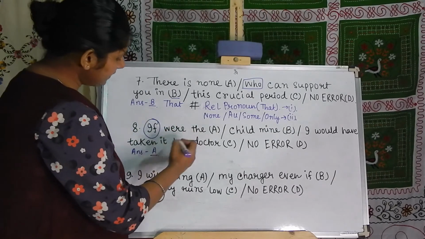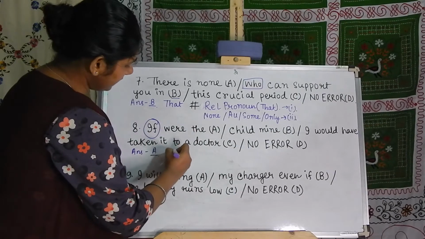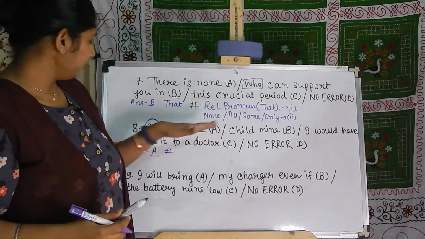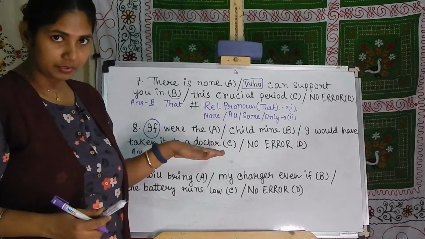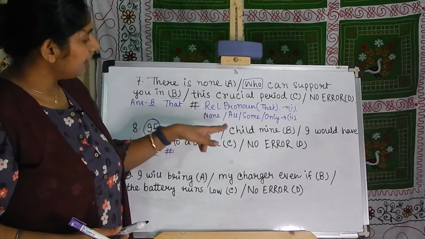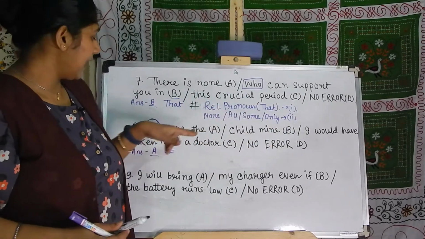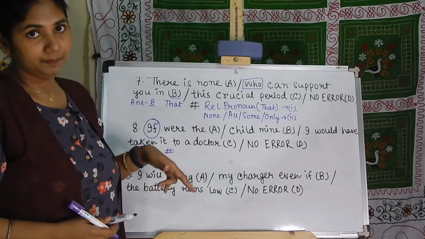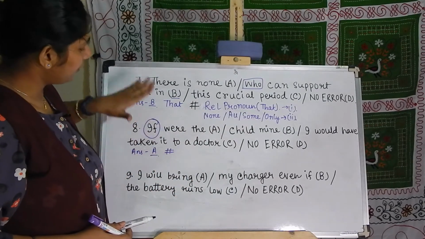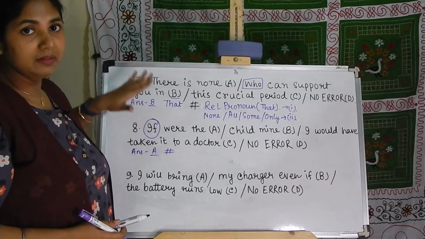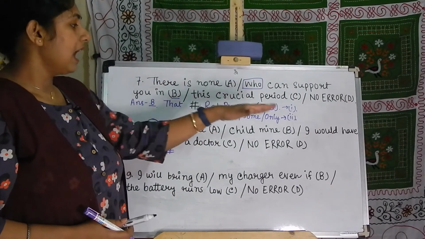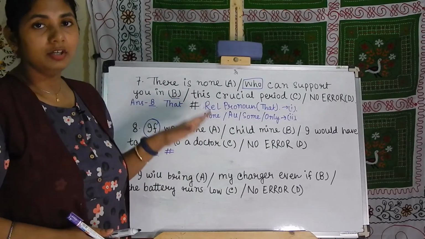So either the sentence is written like this: were the child mine, I would have taken it to a doctor, or if the child were mine, I would have taken it to a doctor. But the question pattern is like this, so you have to remove if from the beginning of the sentence. Were the child mine, I would have taken it to a doctor.